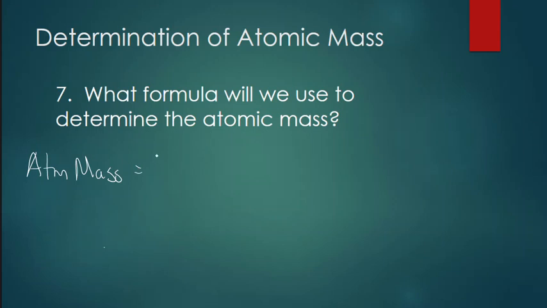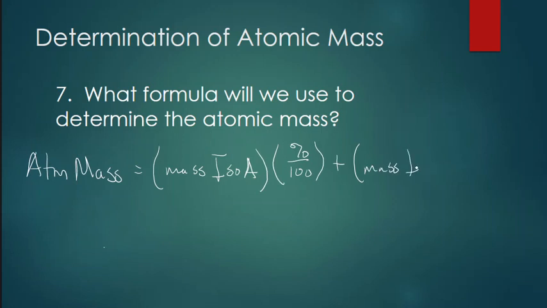So atomic mass is equal to the mass of isotope A times its percentage over 100, plus the mass of isotope B times its percentage over 100, plus dot, dot, dot.